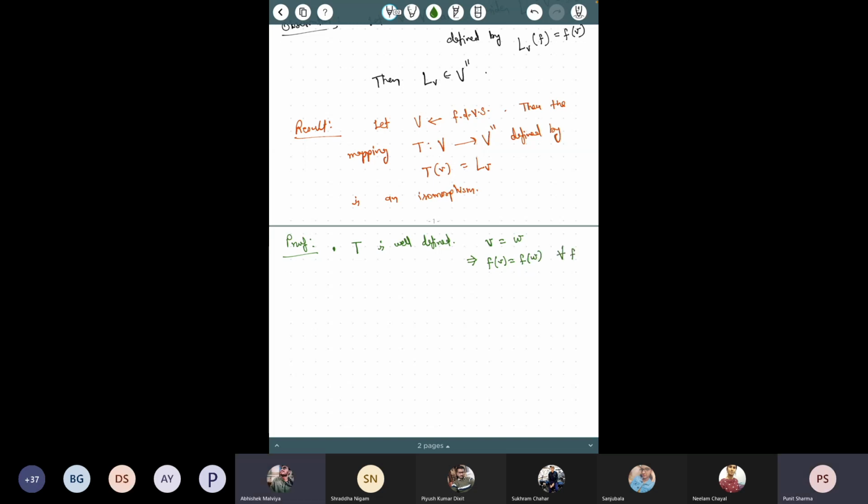But then what is this? This is just, by definition, L subscript V f is equal to L subscript W f. This is true for all f. Now, can you say from here that L V is equal to L W?